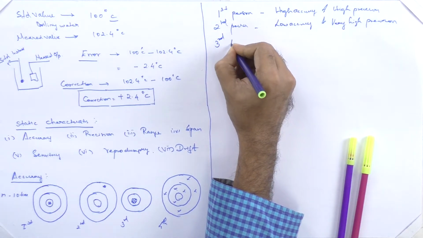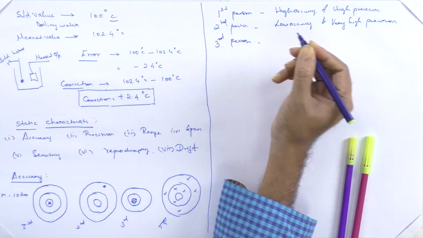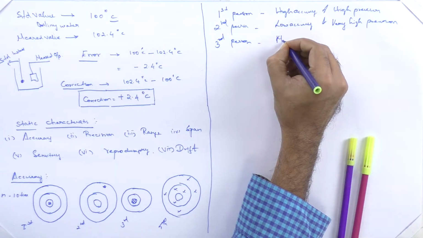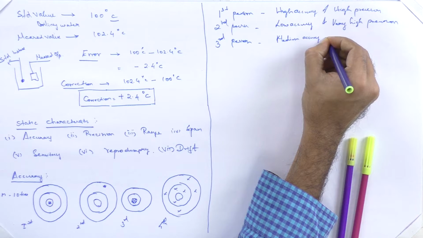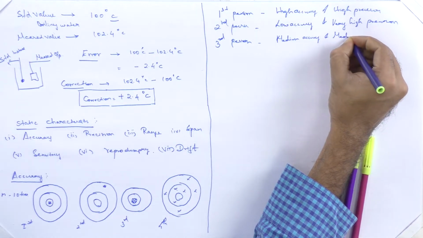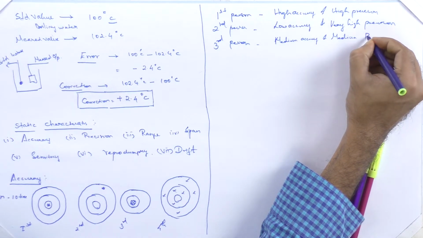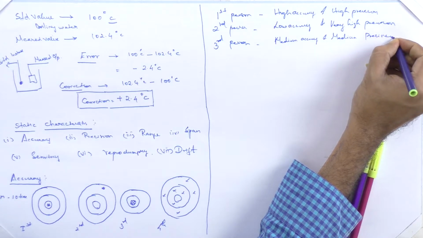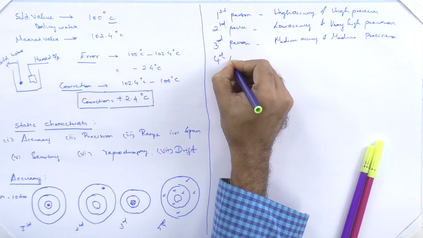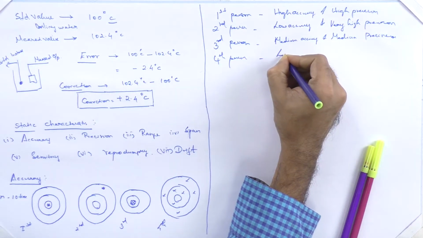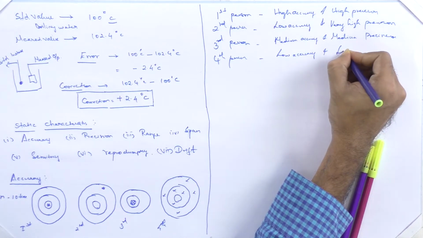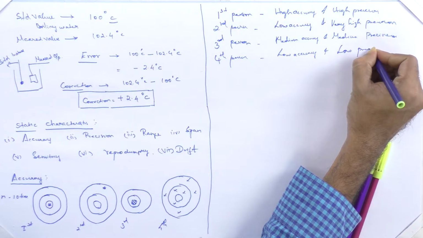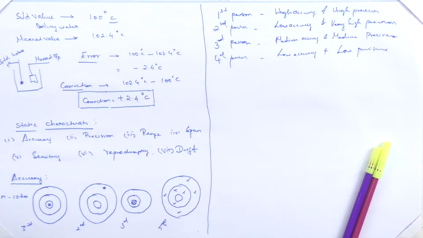Third person is medium accuracy and medium precision. Fourth person is very low accuracy and low precision. Are you able to guess what is really happening here?